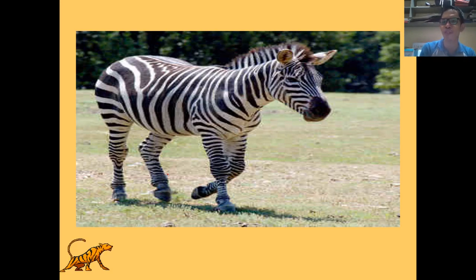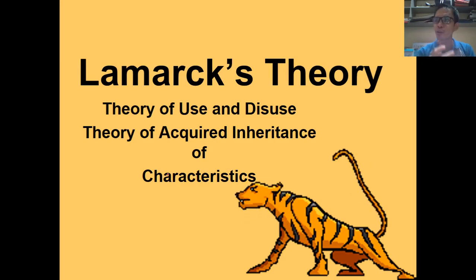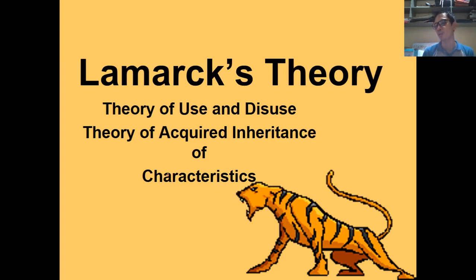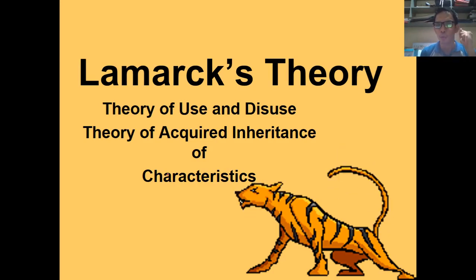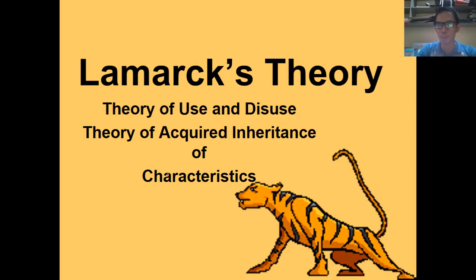Our first biologist is the one who created the idea that explains why giraffes have long necks, why zebras have certain patterns of black and white coloration on their bodies, and why some animals run faster while others don't. We will discuss Lamarck's theory and how it explains these changes in the organism.